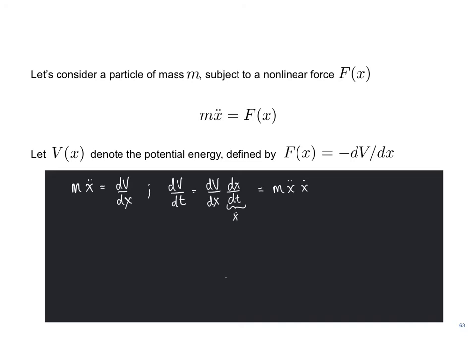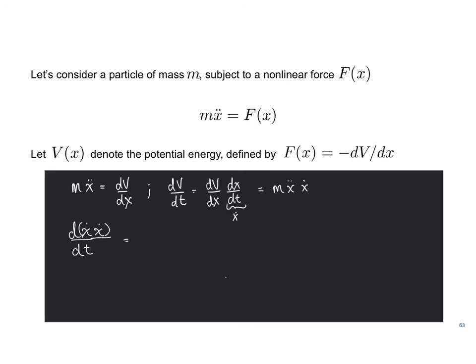Now we have to play around with these two terms. Basically we will apply a derivative rule. Imagine you have d/dt of x squared, so 2 times x.